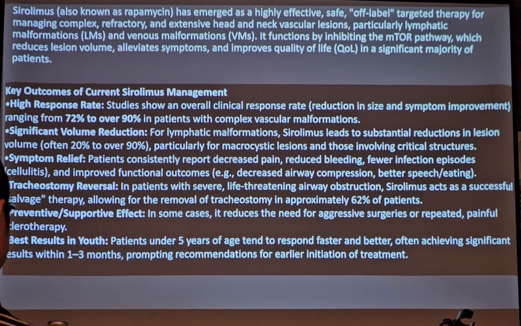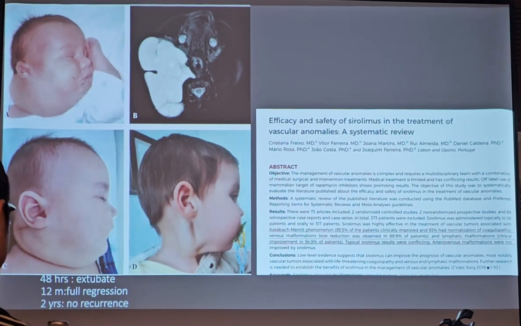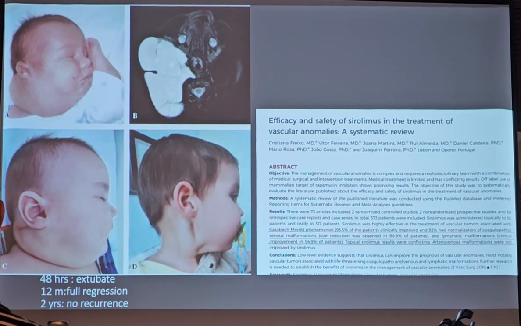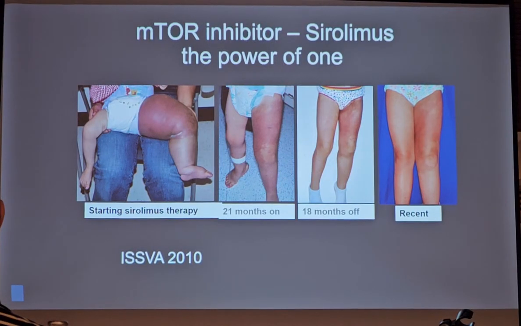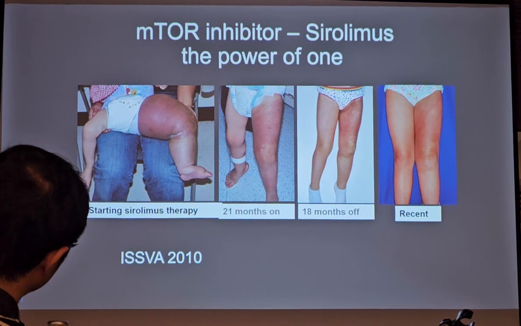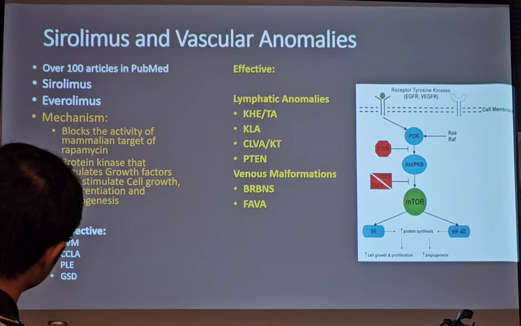I hope that in a few years' time we can understand more about what is going on with this group of patients that we need to treat, and mostly in the younger age group it is only the case with airway obstruction that we try. And they report that even in a very bad condition of the vascular lesion, for example in this extremity, it came back to normal 2 years later with long-term use of this medication.